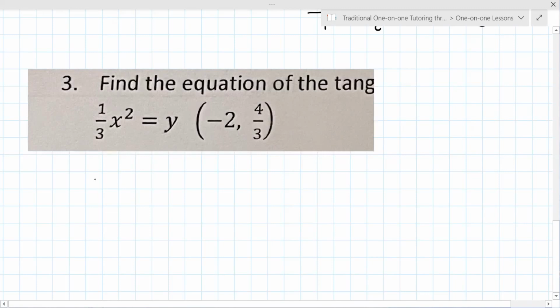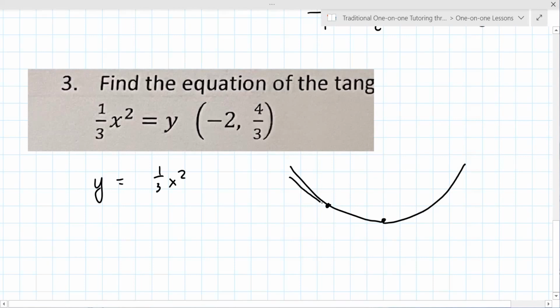If you were to graph this, y equals 1/3 x squared, there's the origin. It's got kind of this shape. We live in the positive world, not the negative. So here's -2, 4/3 roughly.